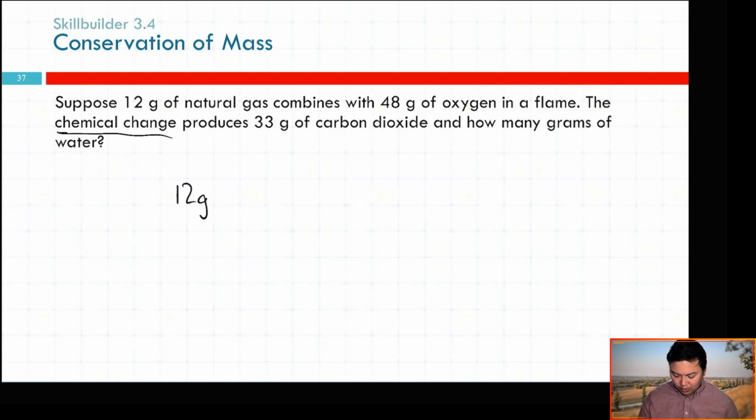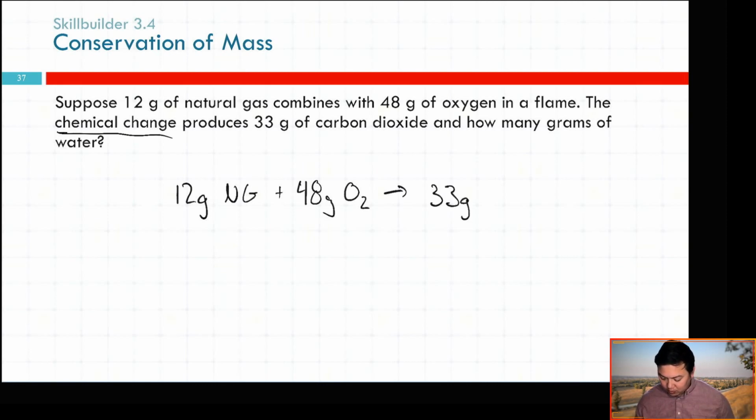We say there's 12 grams of natural gas, which I'm just going to abbreviate, plus 48 grams of oxygen, which is O2. These react together, and we know they produce 33 grams of carbon dioxide, CO2, plus, how many grams of H2O?